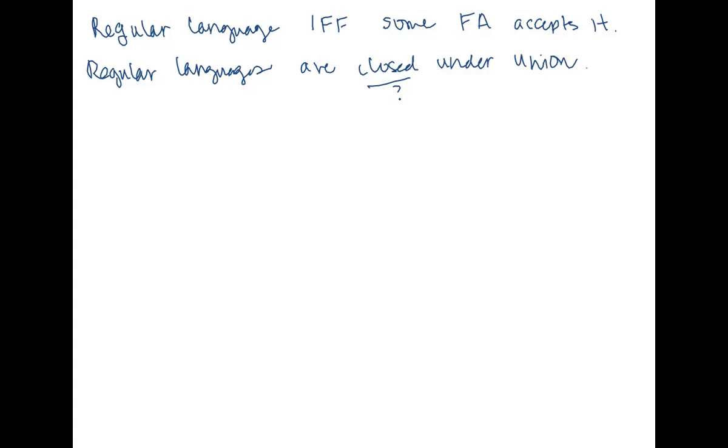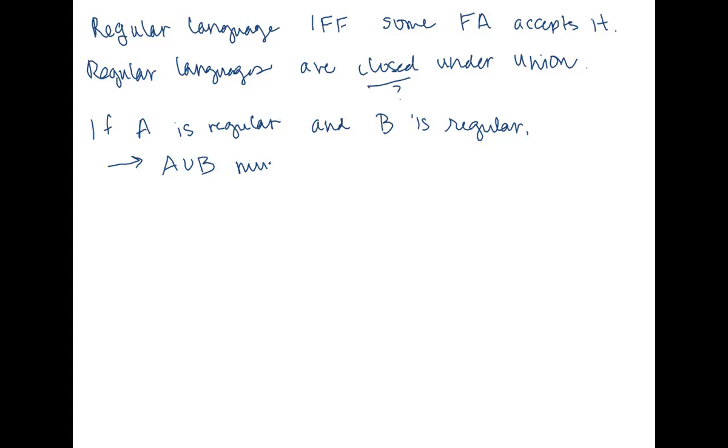It means if language A is regular and language B is regular, then A union B, this language, must be regular.